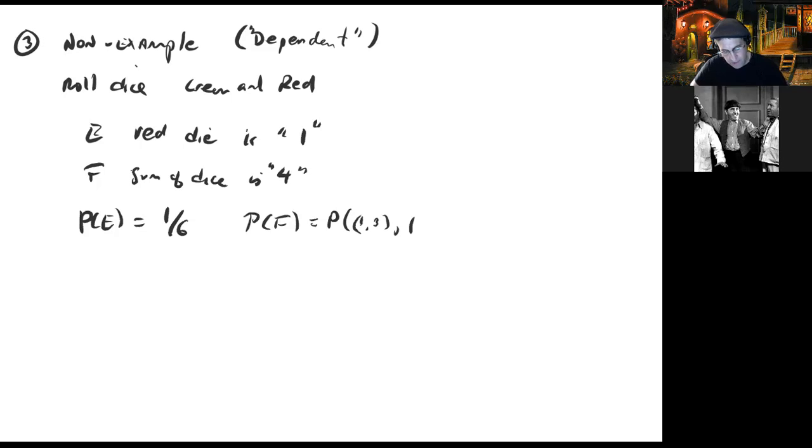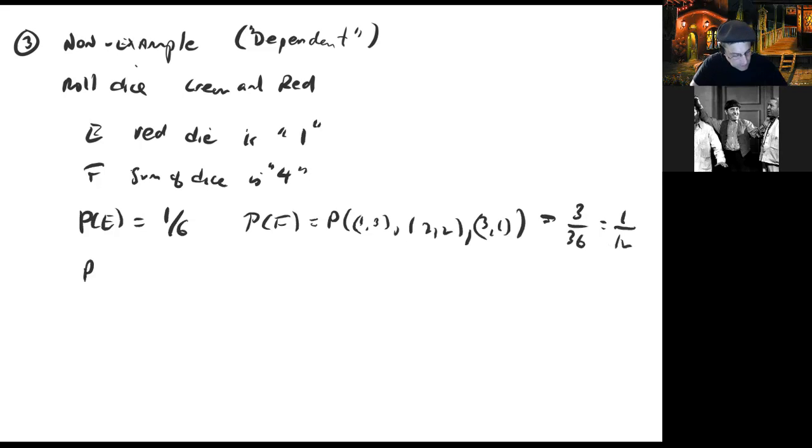I'm representing that as an ordered pair. Or you could have 2, 2. Or you could have 3, 1. There are only 3 ways to do this, 3 outcomes, out of 36 outcomes. So that's 3 out of 36, which is 1/12, of course, right?